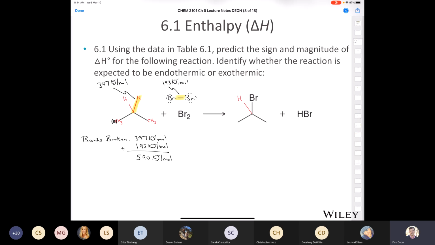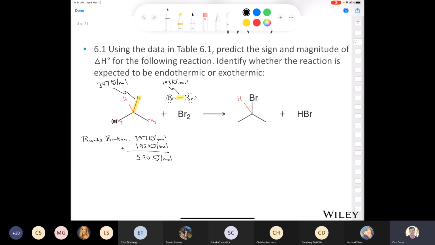If you look at the bond between this carbon and a bromine, it's found again in table 6.1, about eight up from the bottom. You see the amount of energy that's going to be released, because now we're not talking about the bond being broken. The amount of energy it would take to break the bond is released when the bond is formed.